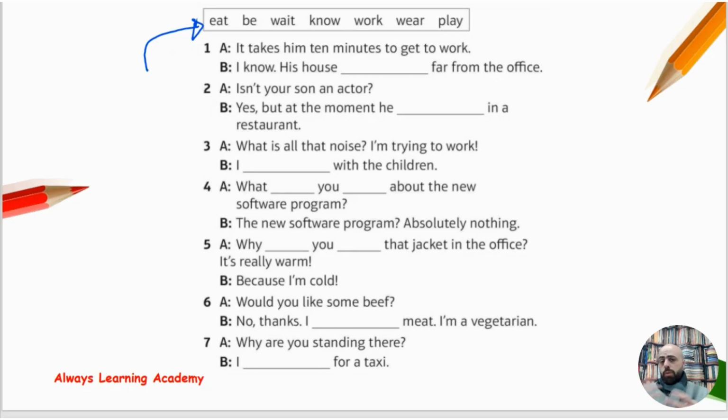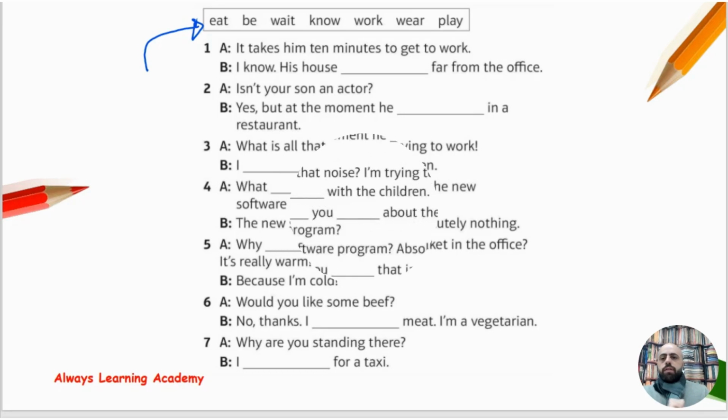Is it permanent? Is it general, routine? Then use simple present. Or is it about the moment right now? Or is it about temporary things? Then I will use present continuous. This is one thing. Another thing, please be careful if you have questions or negatives, so you have to use the verbs and the helpers. So please pause the video and give it a try.